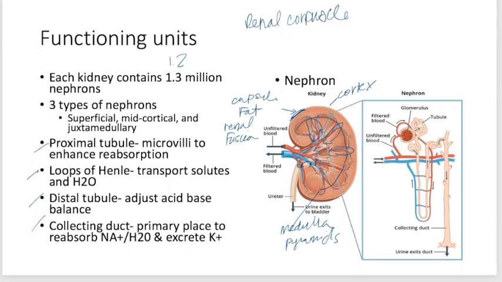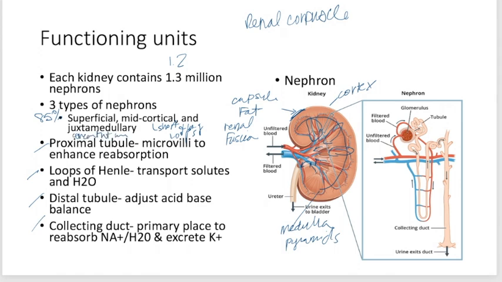When we're talking about the nephron, we have 3 types, and the superficial cortical nephrons are about 85%. Then we have mid-cortical, and they are going to have short and long loops, and then the juxtamedullary nephrons, and they lie close and extend deep into the medulla, and that's important for the concentration of urine.